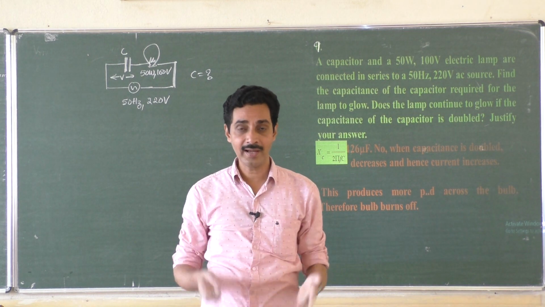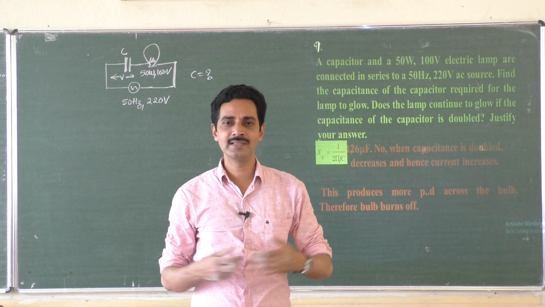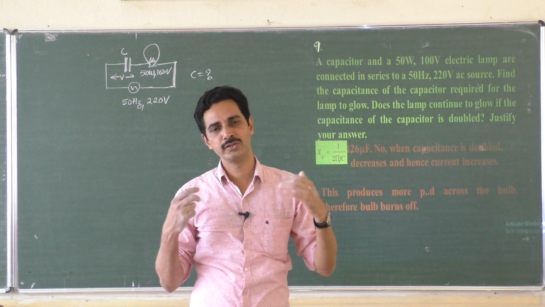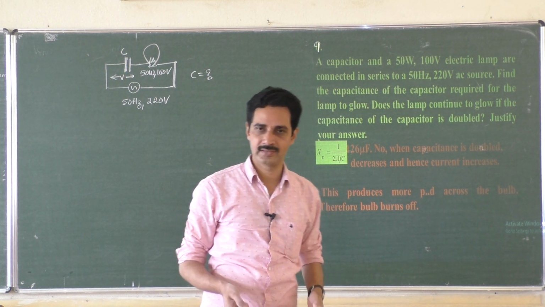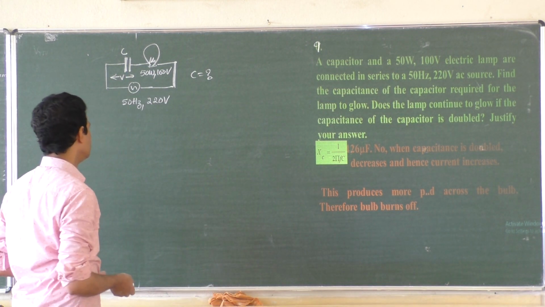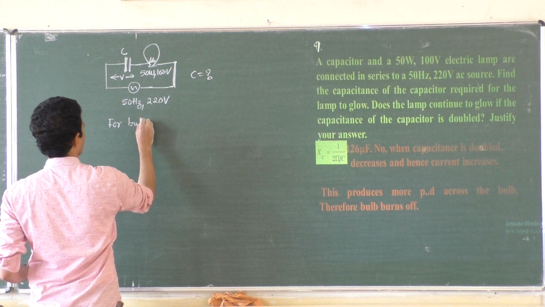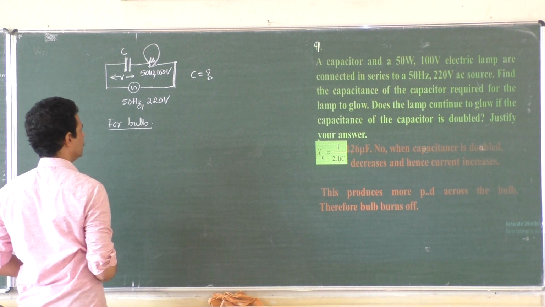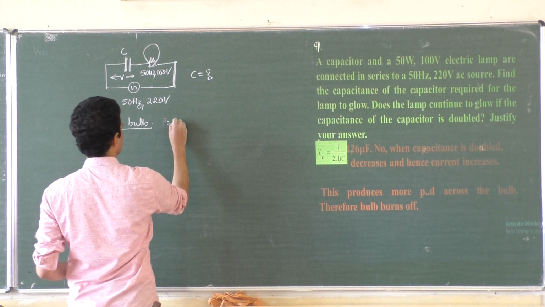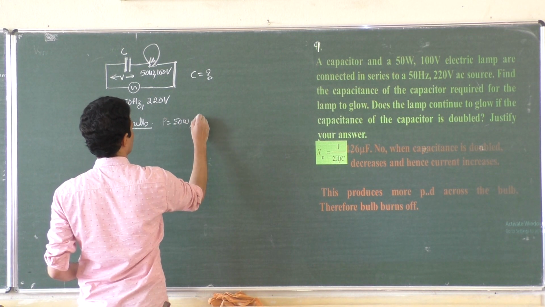So find out the current in the circuit. There is no discrimination for current. The current flowing through all the components is the same. They are in phase. Now I am applying only for the bulb. Power is 50 watt and voltage is 100.